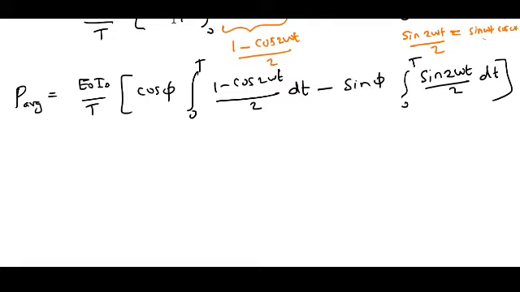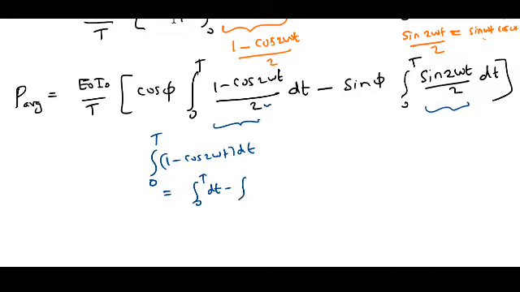If you check this integral and the second integral, here 1 by 2 we can take outside. Then this integration, 0 to T of 1 minus cos 2 omega t dt, I can write as 0 to T dt minus 0 to T cos 2 omega t dt.